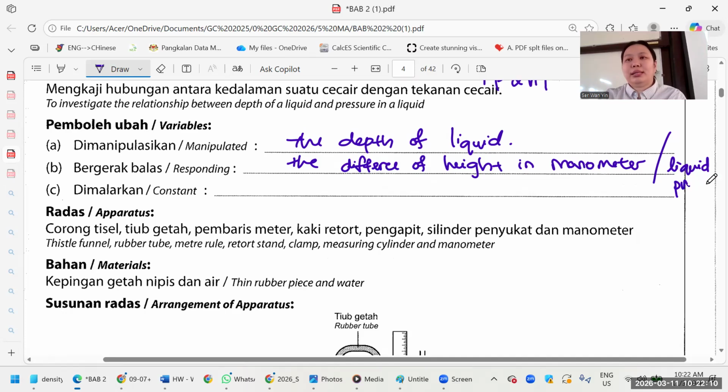But we cannot see liquid pressure directly, so we use the difference of height to indicate the liquid pressure.